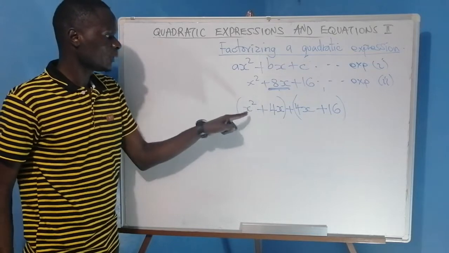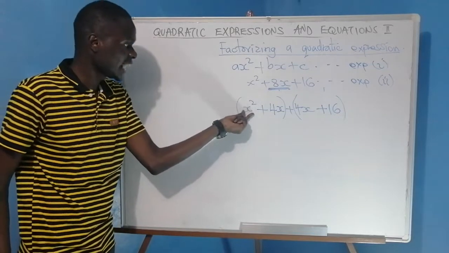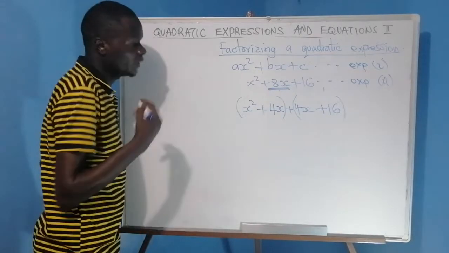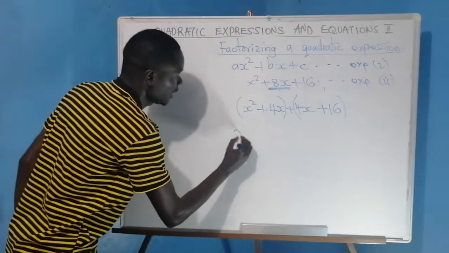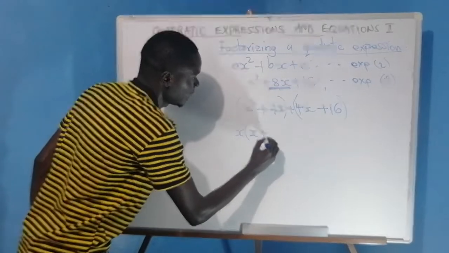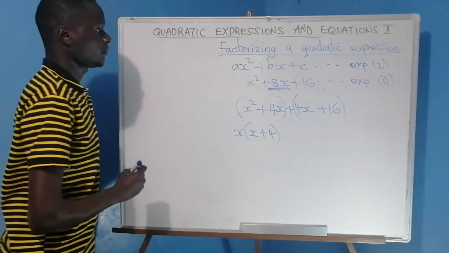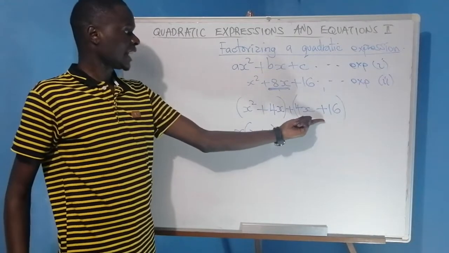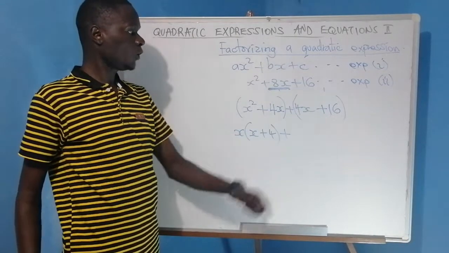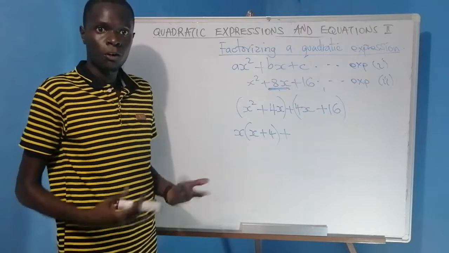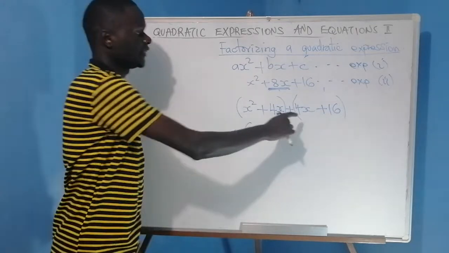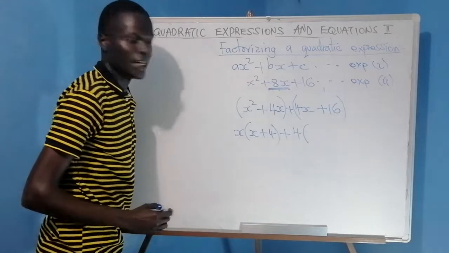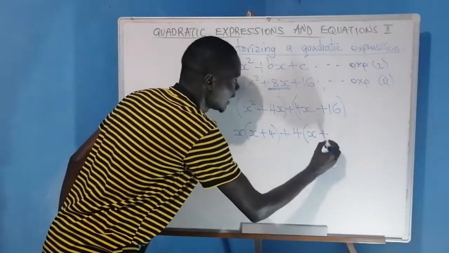The term which is common here is x, because it appears here and it appears here too. And therefore, we put it outside the bracket so that we have x into x plus 4, plus, when you look at the second pair, we realize that 4 can be factored out because 4 is common. Therefore, if we factor out 4, we are going to have 4 outside the bracket into x plus 4.